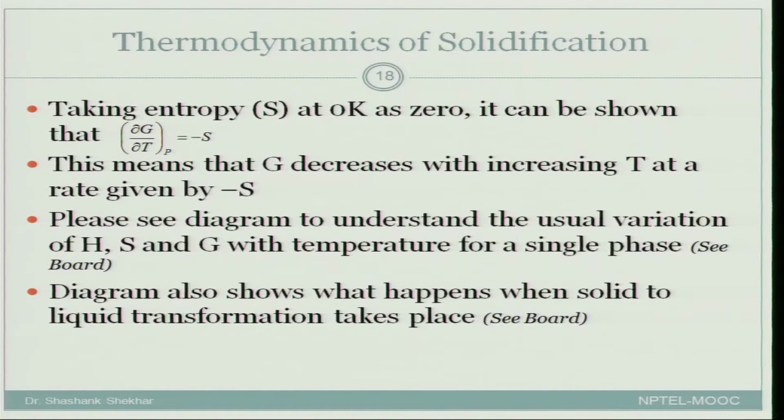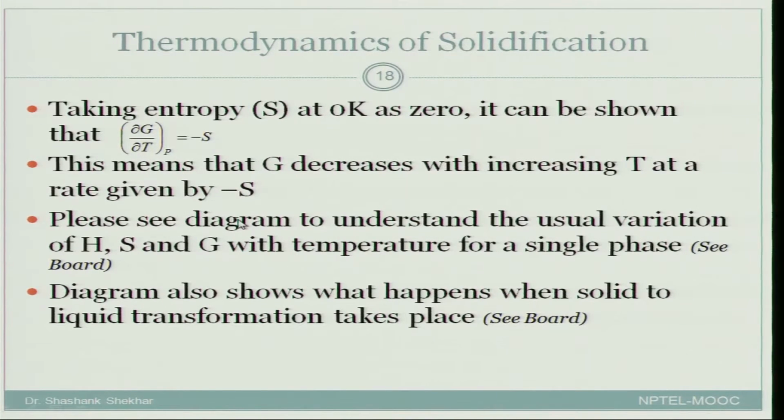Now if we take entropy S as 0 at 0 Kelvin, then it can be shown that del G over del T, that is the gradient of free energy with respect to temperature, is minus S. This means that G decreases with increasing temperature at a rate given by minus S.